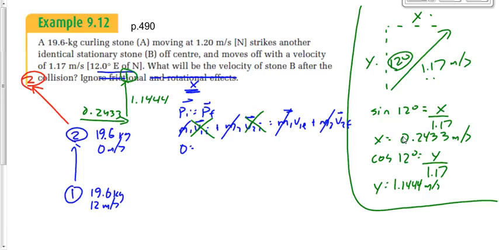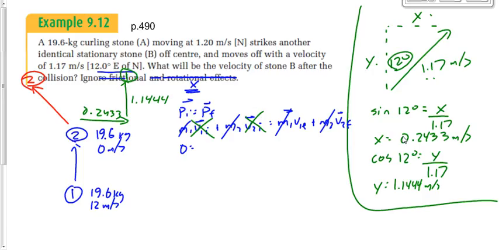V1F, this is where I'm testing you. What's V1F for the x component? Olivia, you got that one? Sorry? Point two, did you say, or did you say 1.2? No, not 1.2.